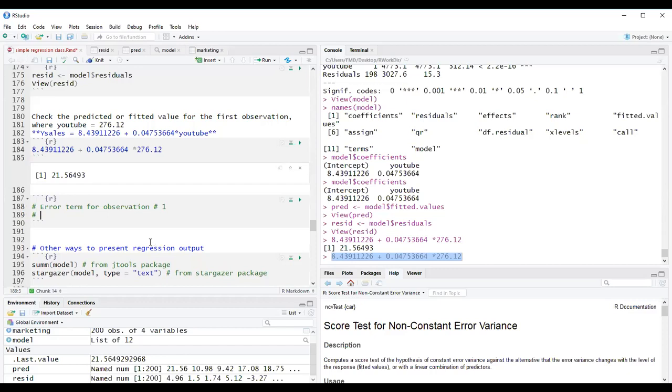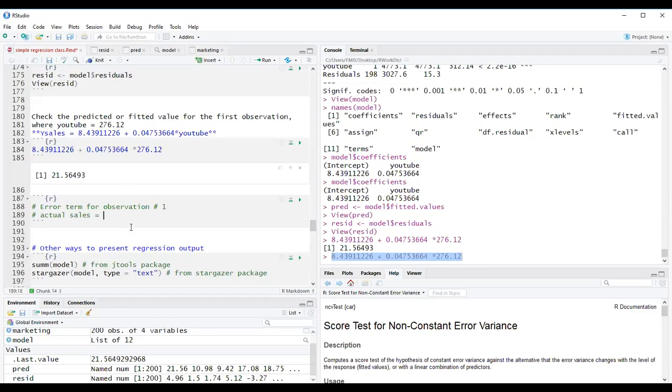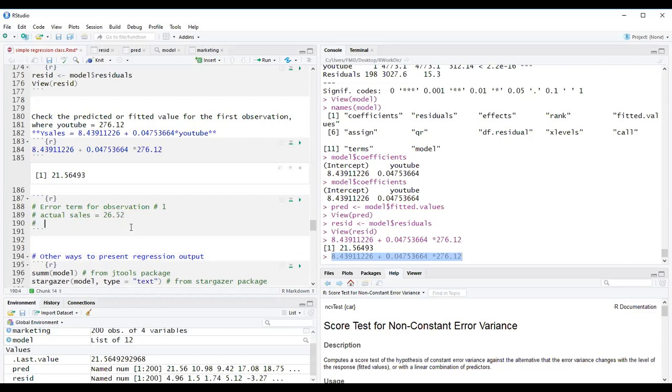Number 1, our actual sales. What's our actual sales? Our sales is 26.52, right? I'm just showing you 26.52. Okay. And then what's our predicted value?